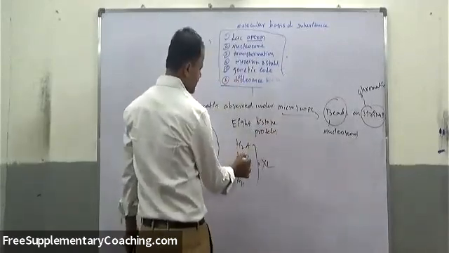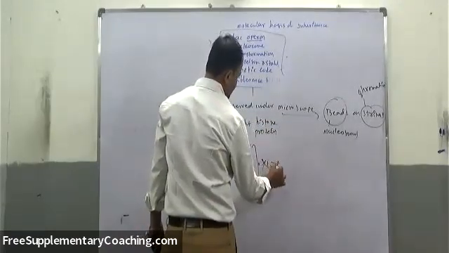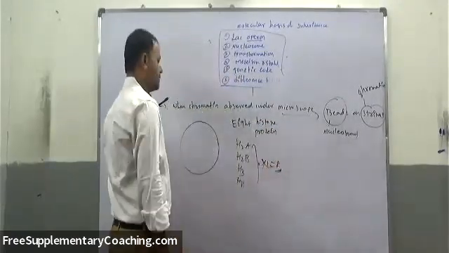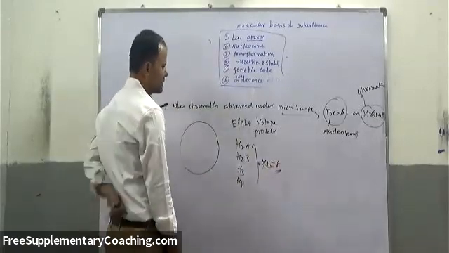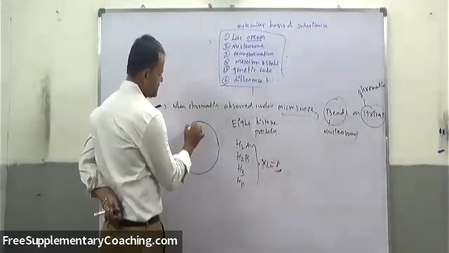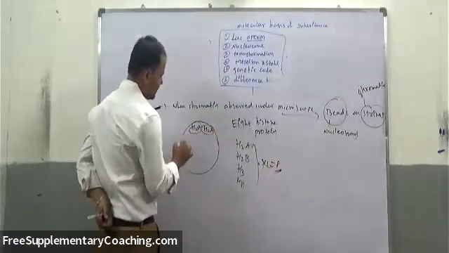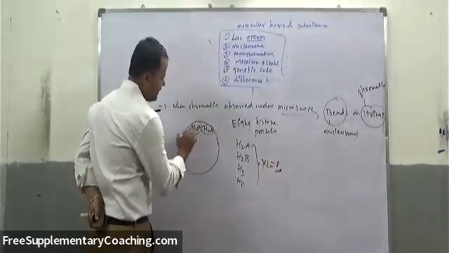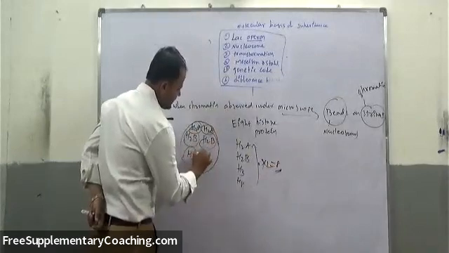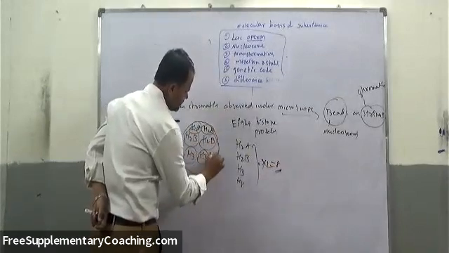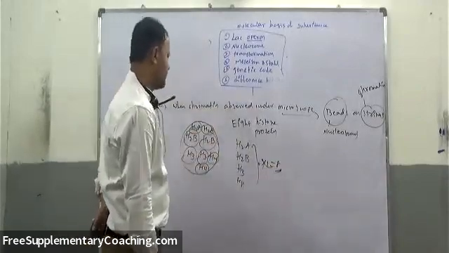So four types of histone proteins in pairs, 4 into 2 equals 8, so it is called an octamer. That is: H2A and H2A, H2B and H2B, H3 and H3, H4 and H4.